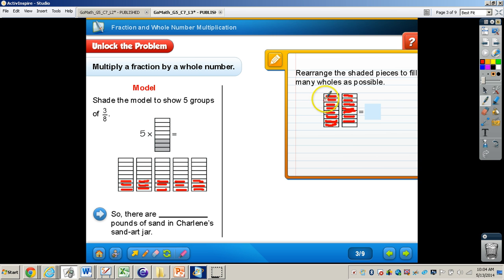So we can see that this represents 1 whole and 7/8. So 1 and 7/8 for my fraction. So for the answer, there are 1 and 7/8 pounds of sand in Charlene's sand art jar.